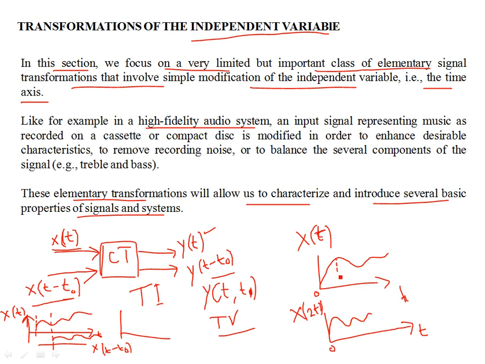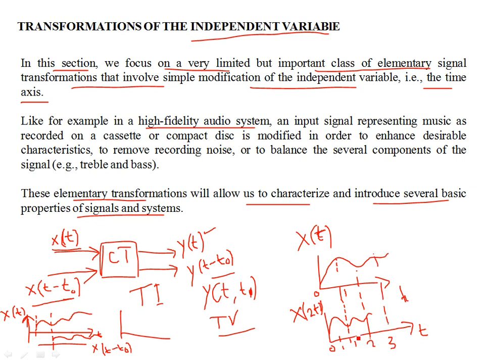So if this amplitude occurs at 1, then x(2t) means at t equal to 1, so this is 1, same time axis, 2, 3.